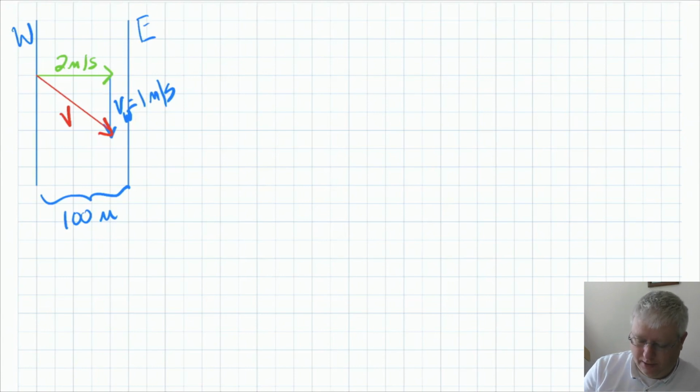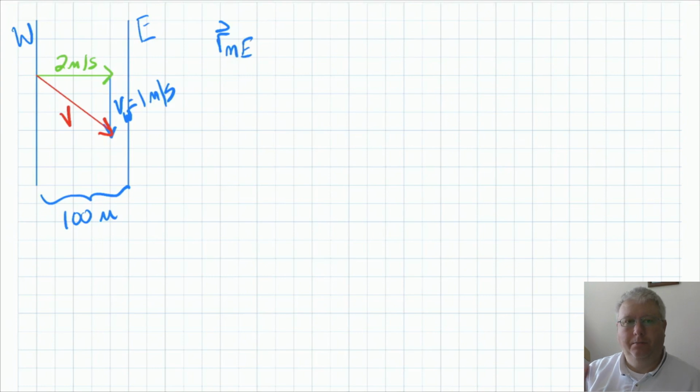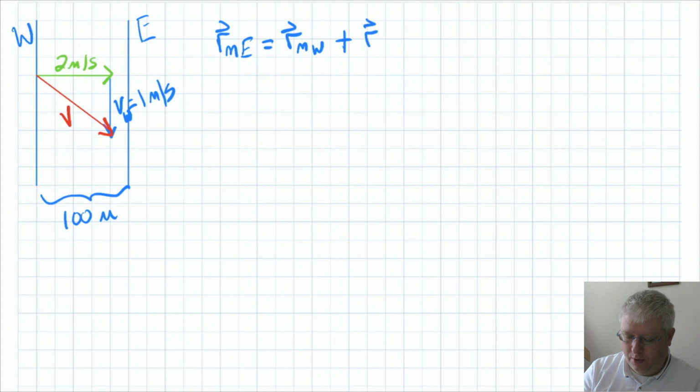So the total distance of me with respect to the Earth, the bank, is going to be the sum of the distance I travel with reference to the water, plus the distance that the water travels with reference to the Earth.